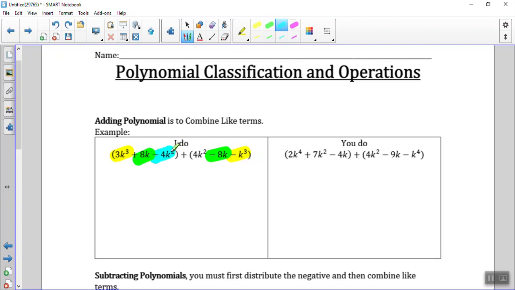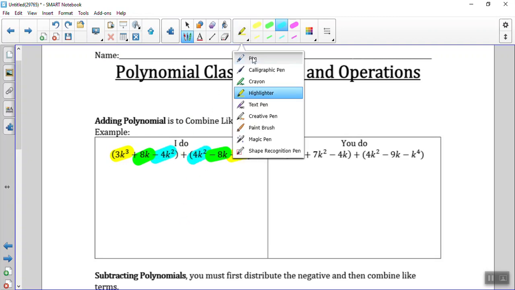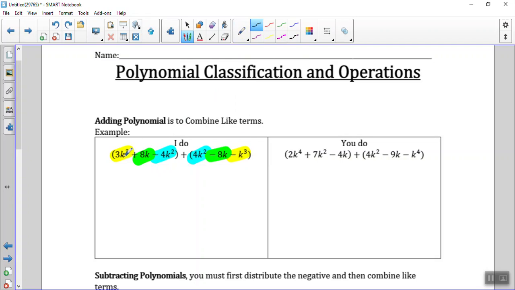And negative 4k squared is like terms with positive 4k squared. What makes them like terms is that they have the same variable and also the same exponent. And then you just work with its coefficient. A coefficient is the number that is in front of the variable.